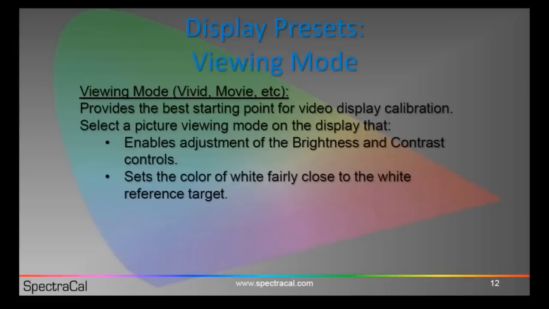We want to select a picture viewing mode that enables the adjustment of brightness and contrast controls. In some cases, some displays do not allow that adjustment in some of their modes, and so we want to be sure that we select one that does allow that adjustment. And we also want to select a viewing mode that sets the color of white fairly close to our white reference target.